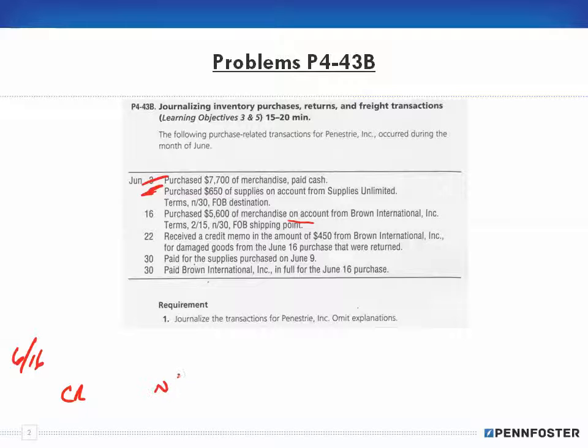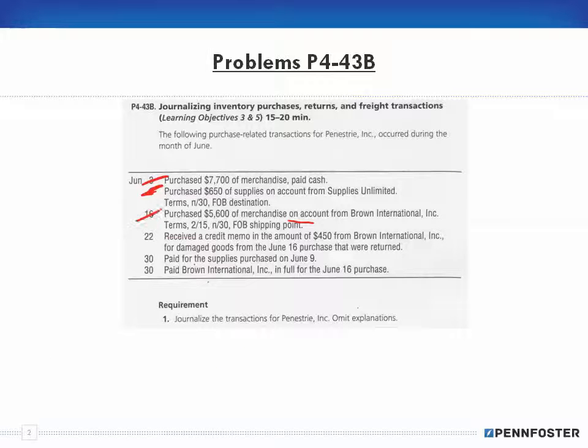So I'm going to credit accounts payable because I'm buying the merchandise on account of $5,600, and debits have to equal credits, so I debit something else, and I'm buying inventory, so I'm going to debit the inventory account for $5,600, and that's it for that entry.